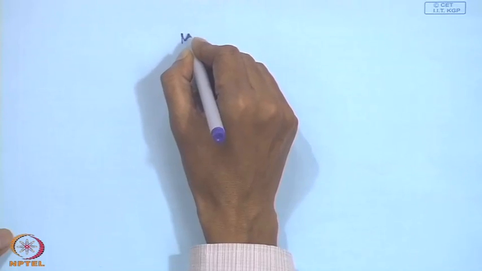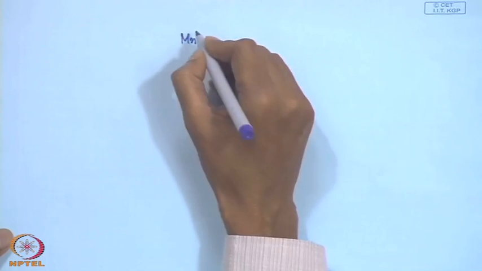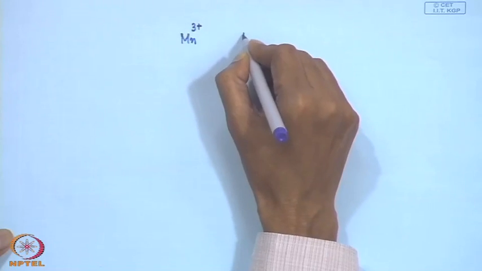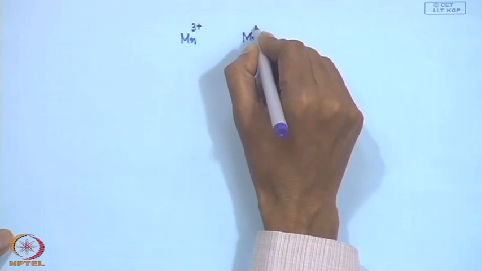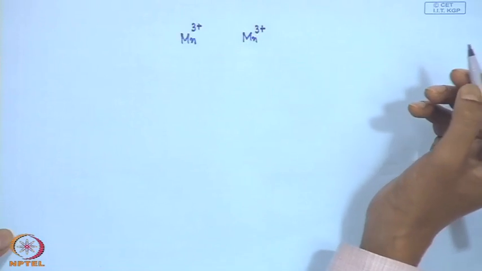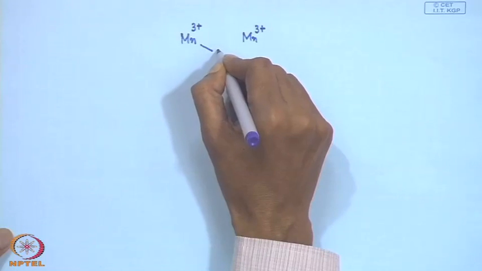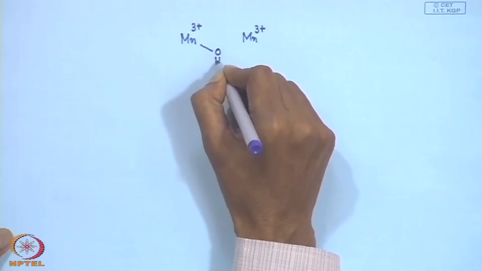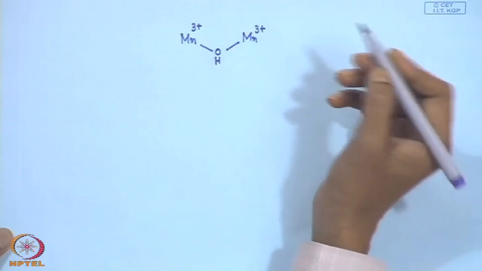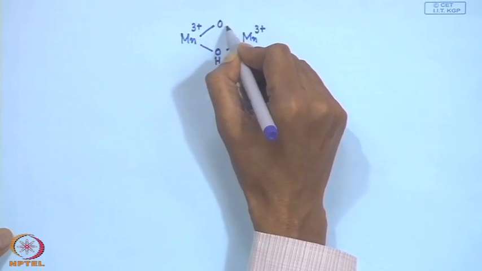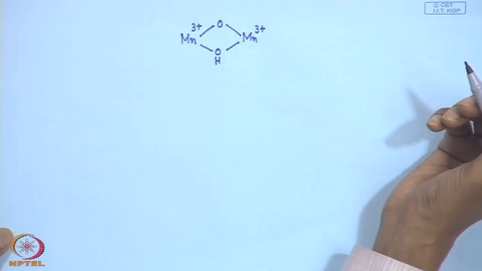So, initially if we have the manganese site, the most common one, that means the oxidized one, both of them are trivalent, and one is bridged by hydroxo and another is bridged by oxo.